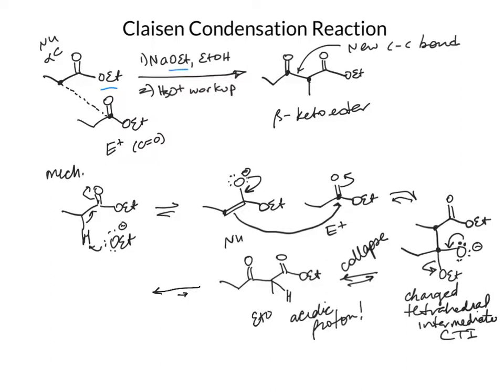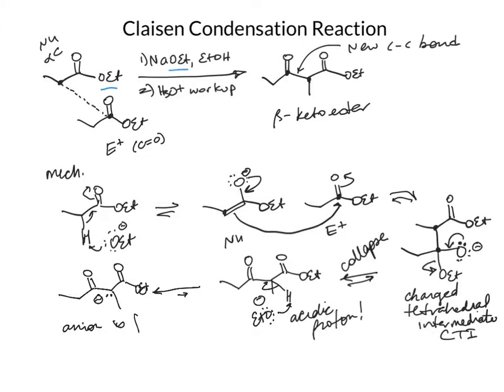In fact, this is the driving force of the reaction, and in the absence of an acidic proton being present, the Claisen reaction doesn't occur. The Claisen reaction would just be reversible. So this anion is actually the final product.